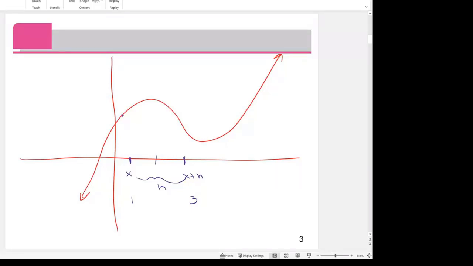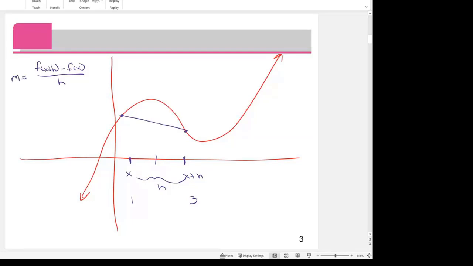I have, again, if we just redraw it, I have this point, and I have this point, and this time the slope is going to look a little different because I picked different points. So now we can tell we have a negative slope, and we can see that if we just take our f of x plus h minus f of x over h, we would get the slope of the line.